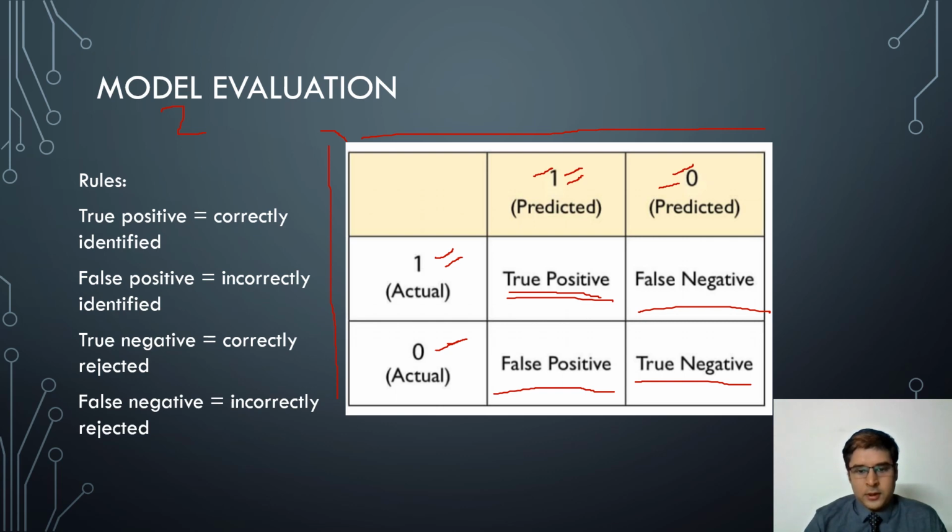So all these divisions determine counts for the model predictions versus the actual values. Each predicted value counts in one of these divisions. This diagonal here gives us the correctly identified values in 1 and 0, true positive and true negative.